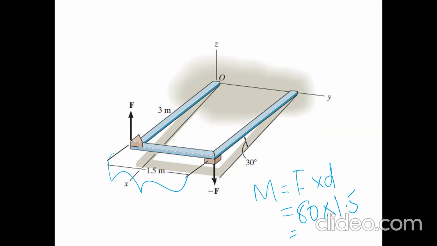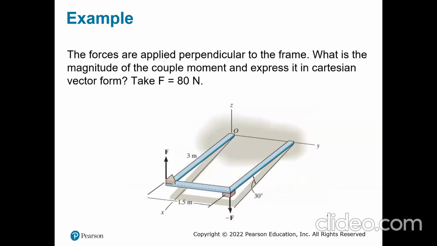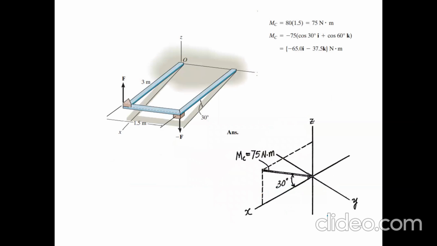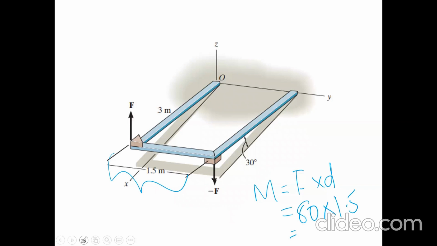magnitude. But the question here is they asked to find the magnitude of the moment and express it in vector form. So how do I express that? So that's my moment, that's where it's applying, right? That's the frame, so my moment is acting in that frame. I wanted to get the x component. They say that frame makes 30 degrees.